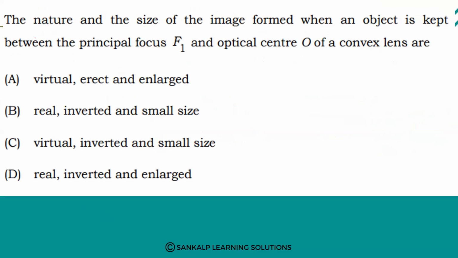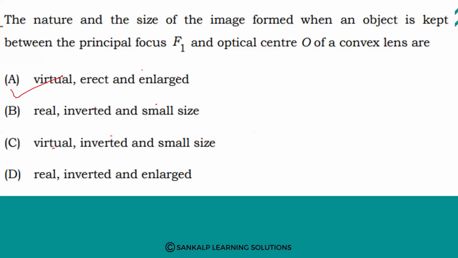Next, the nature and the size of the image formed when an object is kept between the principal focus F1 and optical center O of a convex lens are: virtual, erect and enlarged; real, inverted and small size; virtual, inverted and small size; real, inverted and enlarged. Yes. So which option is right here?